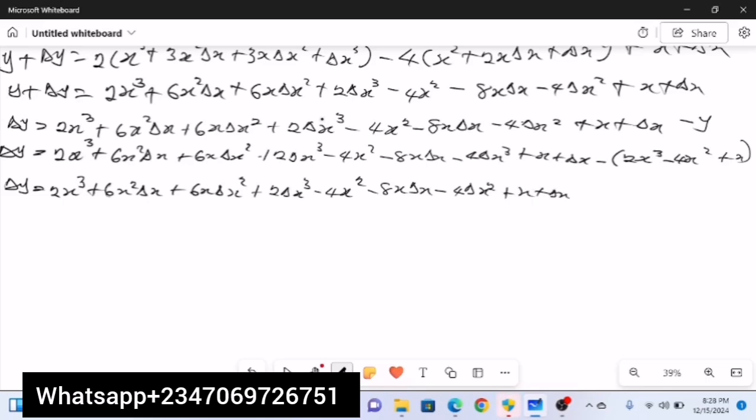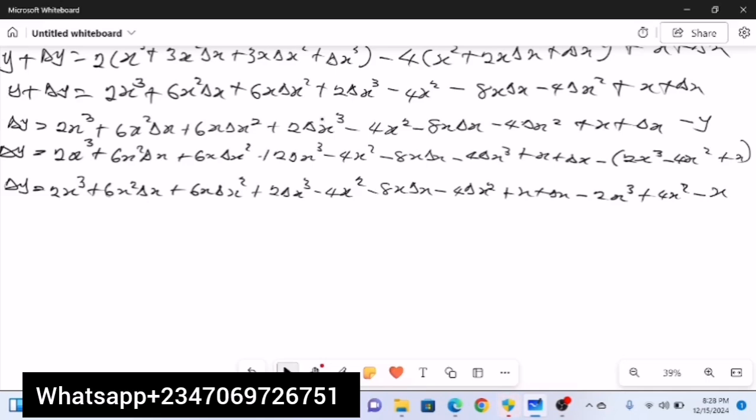So let's expand this bracket now. It becomes minus 2x to the power of 3, minus times minus 4x squared becomes plus 4x squared, minus times plus x becomes negative x, and we have this.